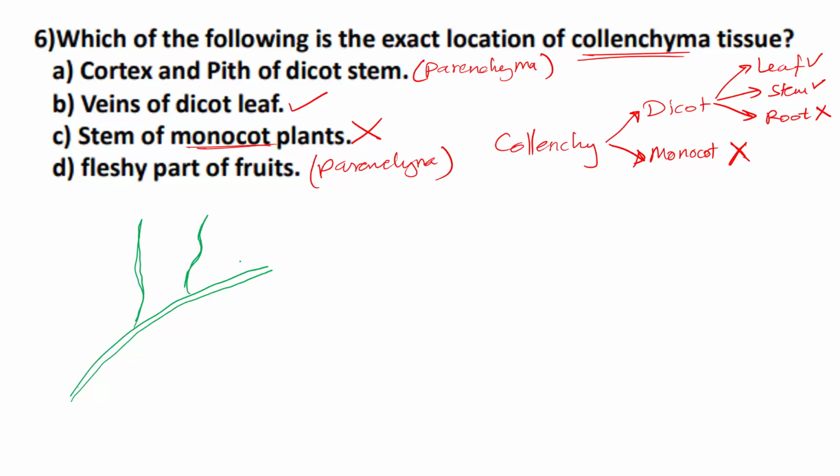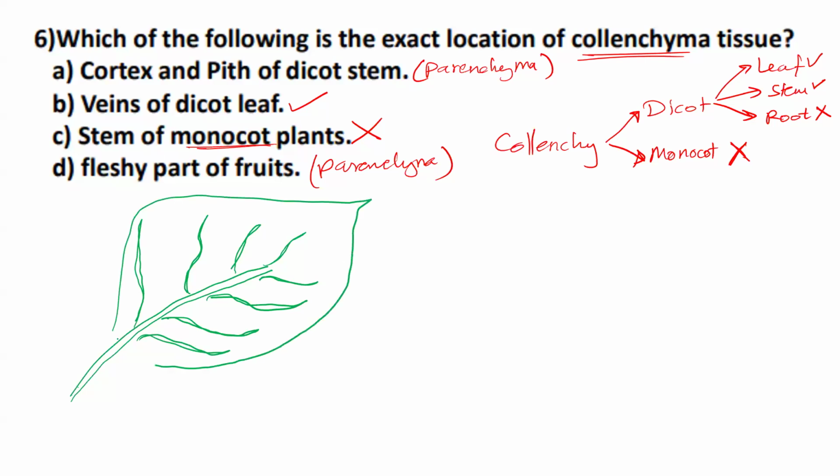How about the dicot veins? What is the special feature of the dicot veins? How do we name it? When you compare the monocot leaves and the dicot leaf veins, how are they? Can you all remember under monocot dicot differences?